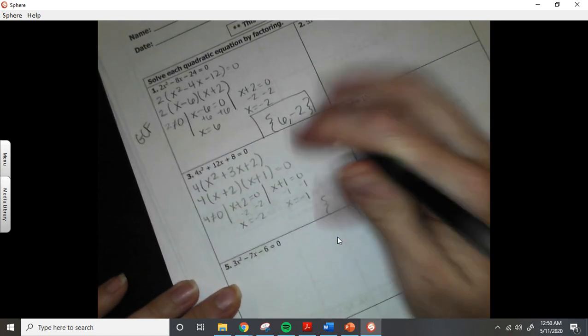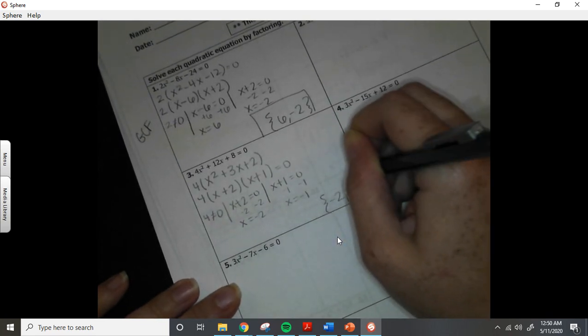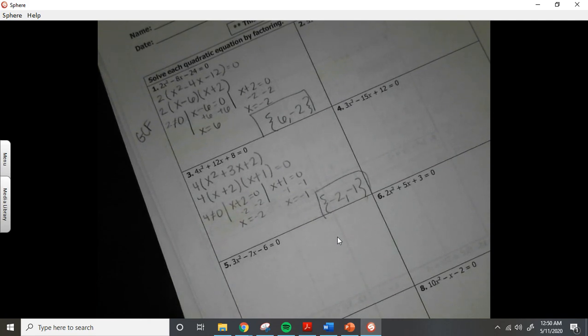Why do I keep writing wrong things? Negative 2, negative 1. Number 5.